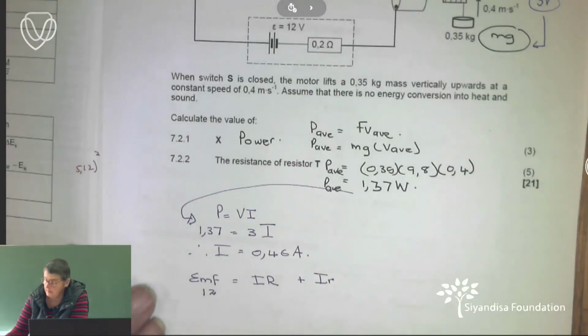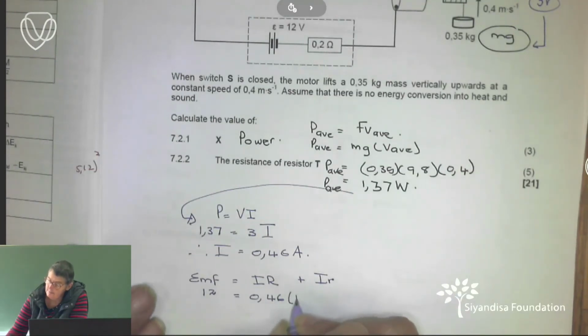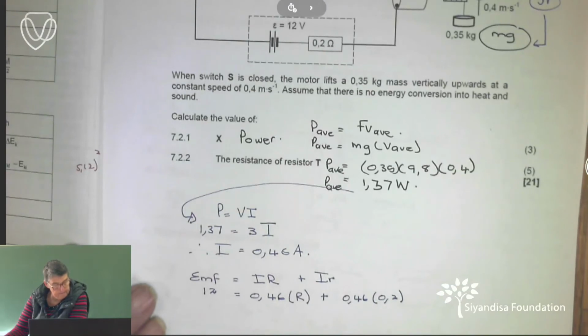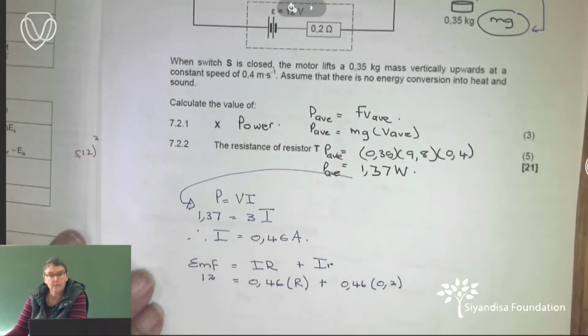My current I've just worked out as 0.46 times big R plus 0.46 times 0.2. Have we got that?